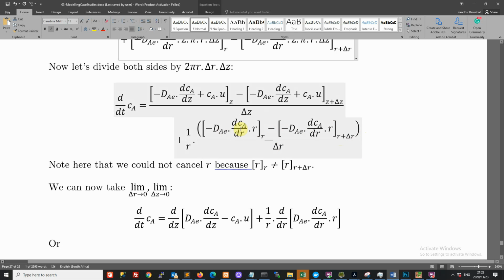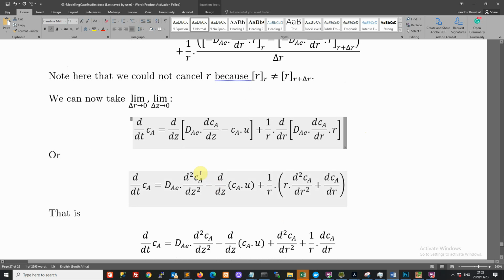So this is also going to give us a d/dr of this function. So if you do all that, you are going to get d/dz of this function here, and then plus 1 over r times d/dr of this function. So that's there. Okay, and we're close to done.